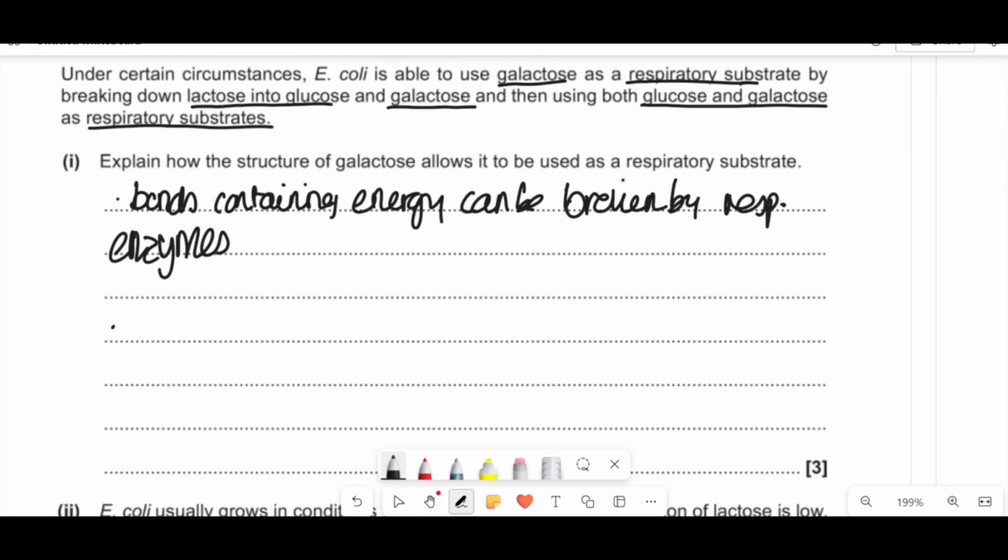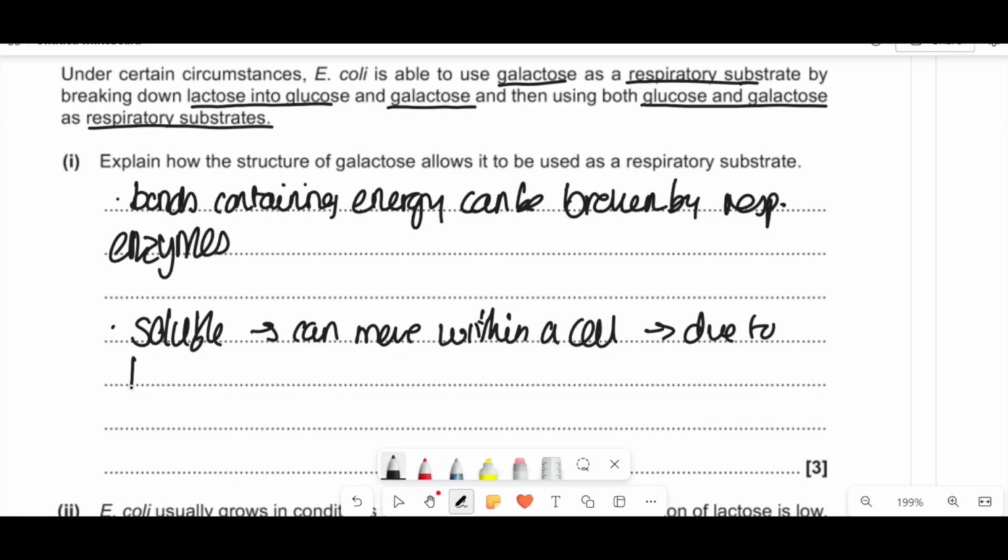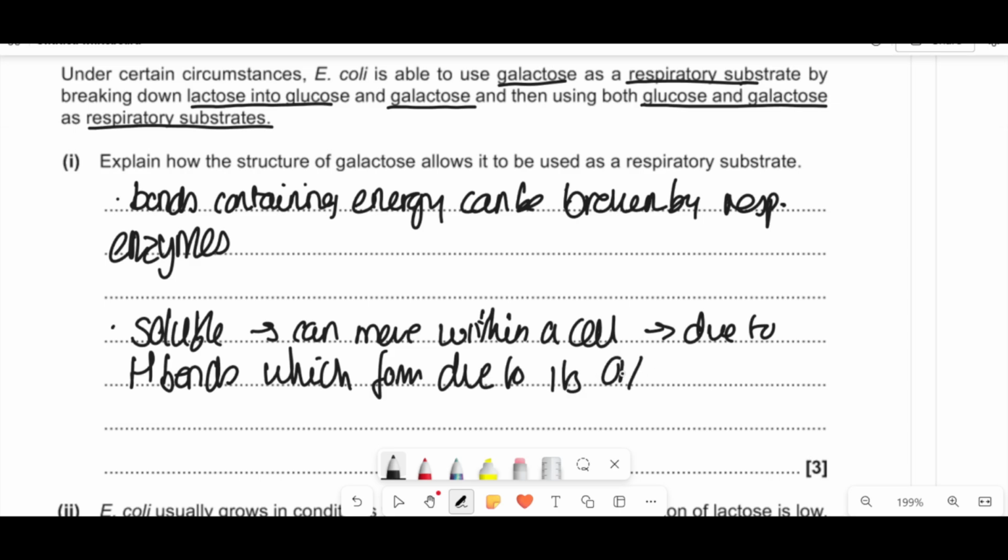What else does it say about allowing it to be used as a respiratory substrate? In order to do respiration, you've got to have everything dissolved nicely and soluble. Otherwise, how are you going to move it around the cell? So it's soluble, so it can move within a cell. And you should say why, though, because it's saying explain how the structure allows it. This is due to its hydrogen bonds, which form due to its OH and H groups bonding with water, right?